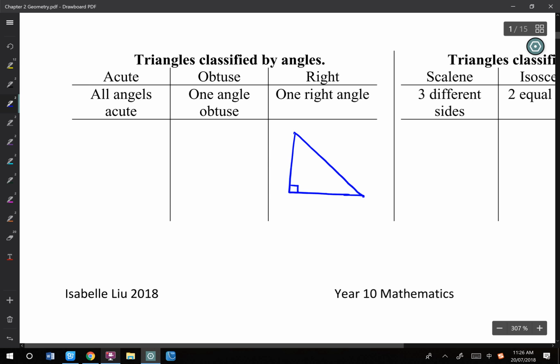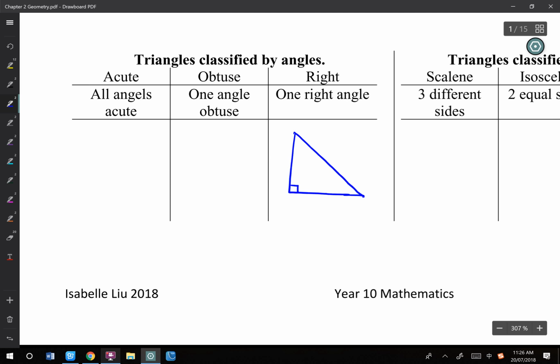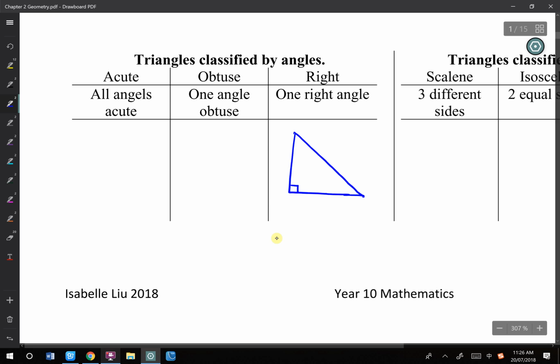An obtuse triangle has one angle over 90 degrees. So that can be an obtuse triangle, and that's an obtuse triangle.